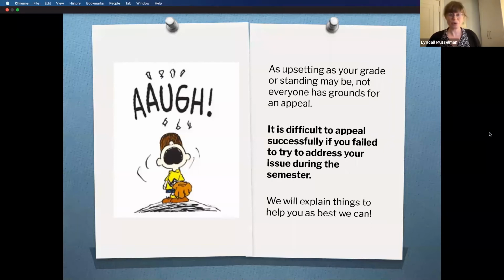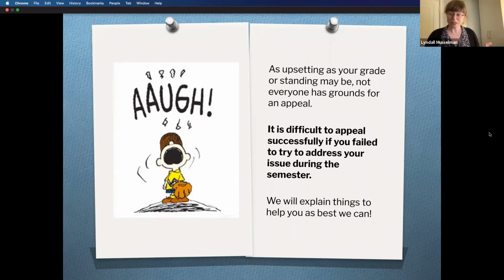Just be aware of that and know that it should be a learning experience at least, because there is this expectation for students to try to resolve issues as soon as they arise in a timely manner. So if you were not communicative or able to address your concerns last semester during the courses in question, you might be in a really tough situation with appealing. So we just have this kind of disclaimer around that.